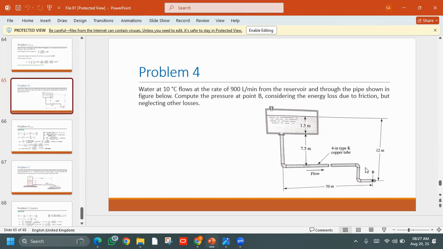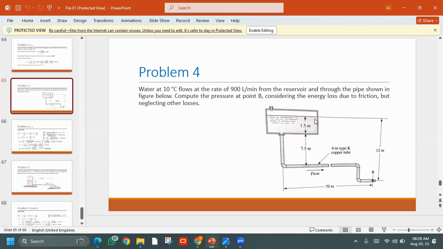Also, we need to find out this vertical pipe height. So how do we calculate that? We simply take this value, which is 12 meters, and subtract 7.5 meters and 1.5, which equals 9 meters. So what will be the height of this pipe? 12 minus 9, this is the combination of 7.5 and 1.5 equals 9.